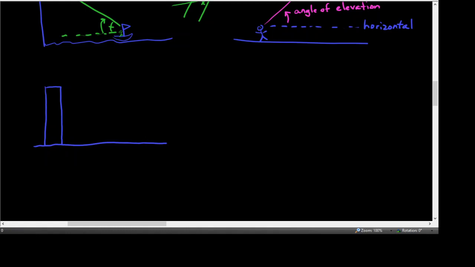Let's see, the length of the shadow of a building that's 34.09 meters tall. So I need to label that. Height of that building is 34.09 meters. Okay. And it says that the length of the shadow is 37.62 meters.